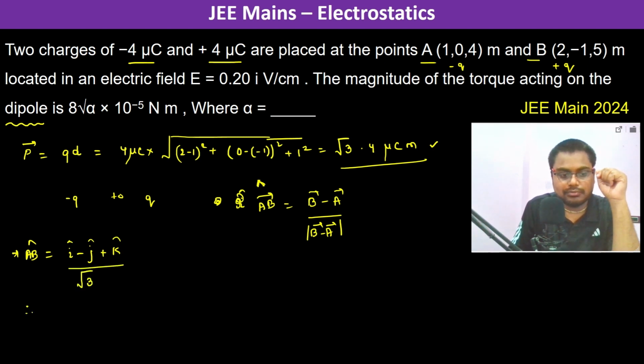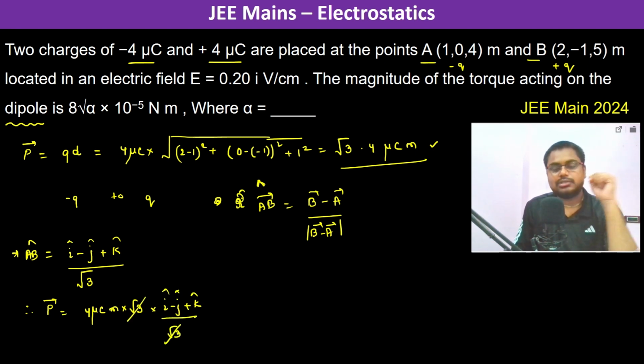So we have the dipole as 4 mu coulomb meter into root 3 into (i cap minus j cap plus k cap) divided by root 3. Root 3 is gone. So this is the dipole moment.